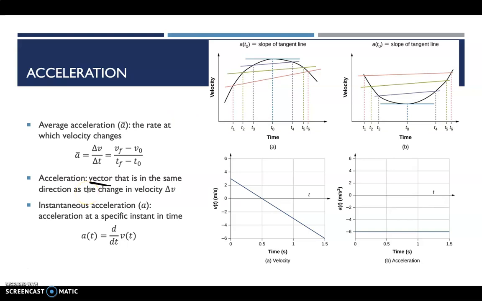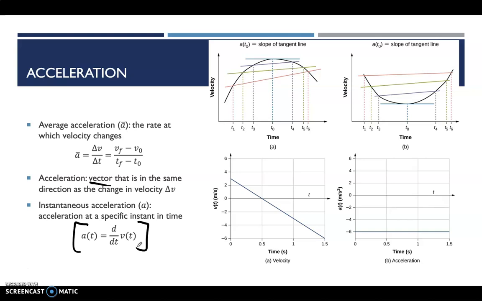Instantaneous acceleration, a of t, is the acceleration at a specific instant in time, just how we defined instantaneous velocity. It's going to be the derivative of the velocity with respect to t.